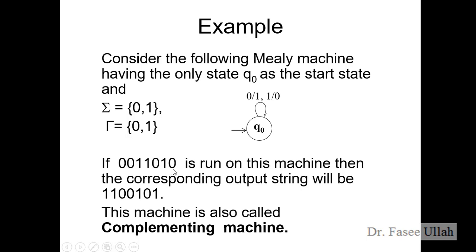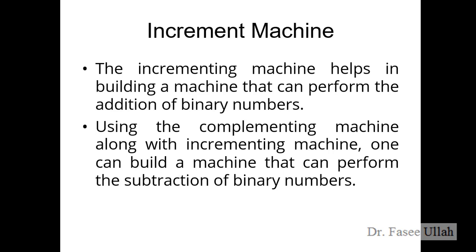We add binary one over here and then perform the addition. Once we get the output, this is the increment machine. We will see the implementation of the increment machine in the coming slides.